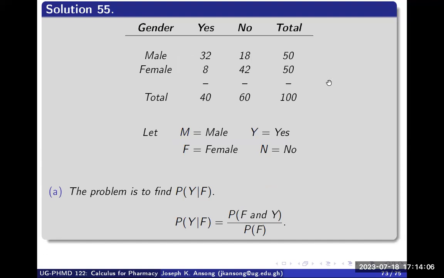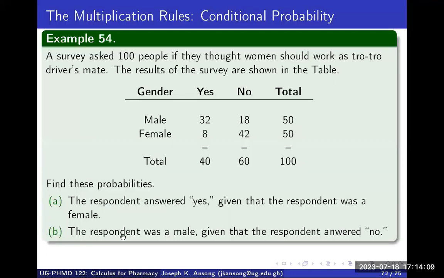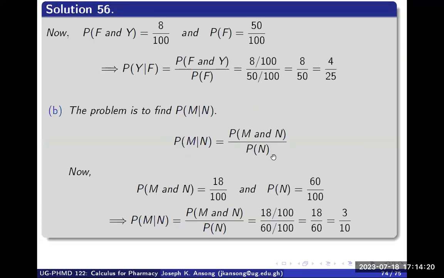The second question is asking us to find the probability that the respondent is a male, given that they answered no. So we want M given N. By the formula for conditional probability, that will be the probability of the males who said no, divided by the probability of all those who said no. The probability of the males who said no is 18 out of 100.